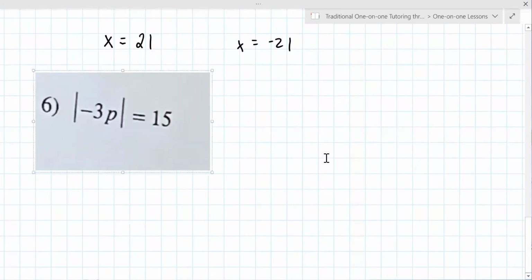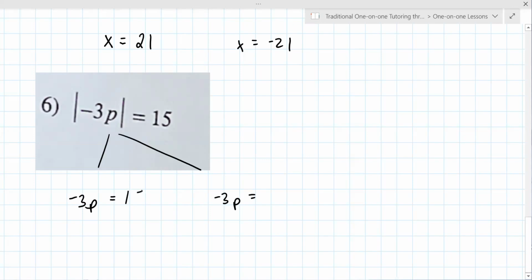Okay, so just like the previous problem, you're going to write minus 3p equals and minus 3p equals. To the right of the first equal sign is 15. To the right of the second equal sign is negative 15. One positive, one negative. Yeah. All right, so go ahead and solve it from here, please, and tell me what p equals.